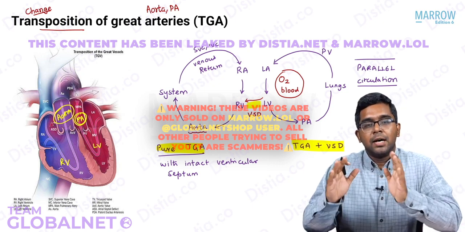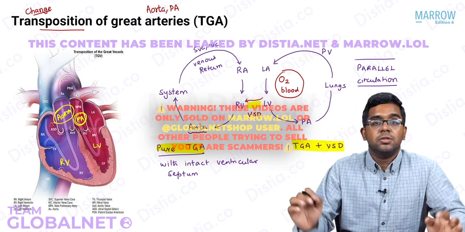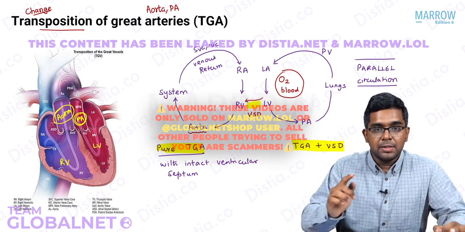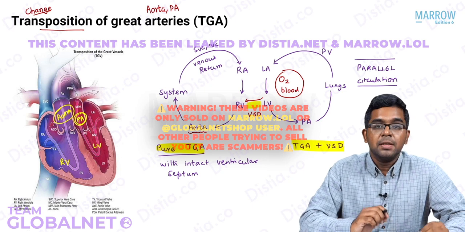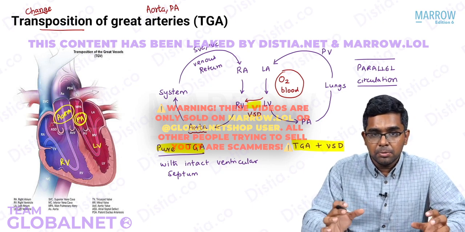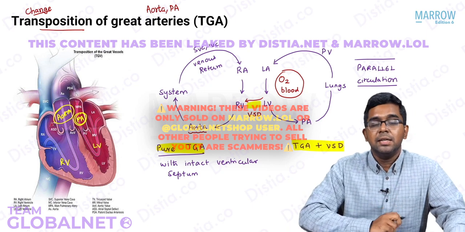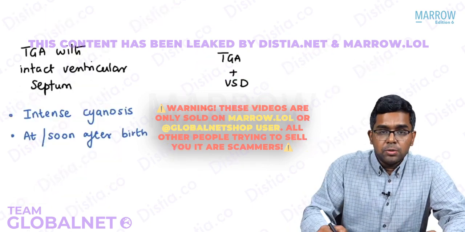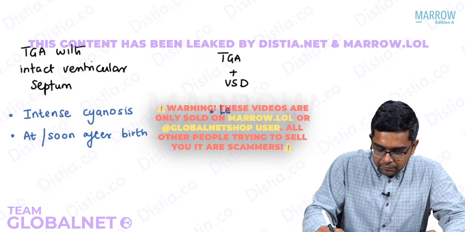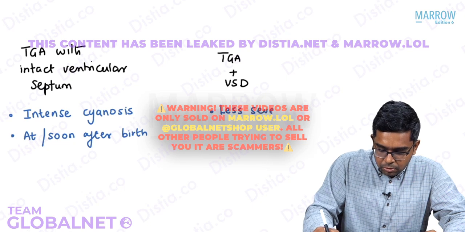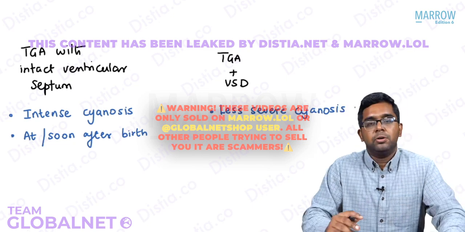So the aorta will receive some amount of oxygenated blood. Do you think this condition is better than the previous one? Absolutely yes, because there is some amount of oxygenated blood in this particular condition. So these patients will have less severe cyanosis, or in other words, not an intense cyanosis. That is the point to be noted.